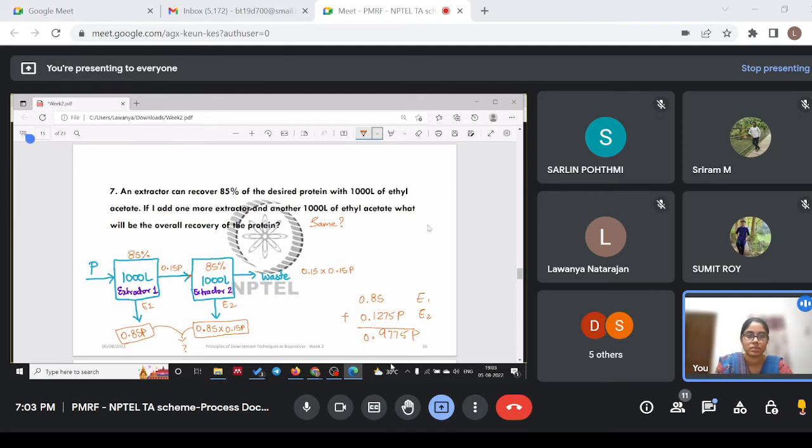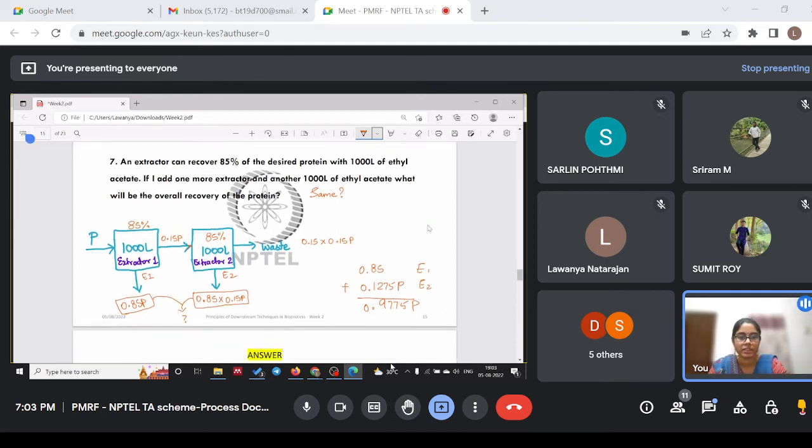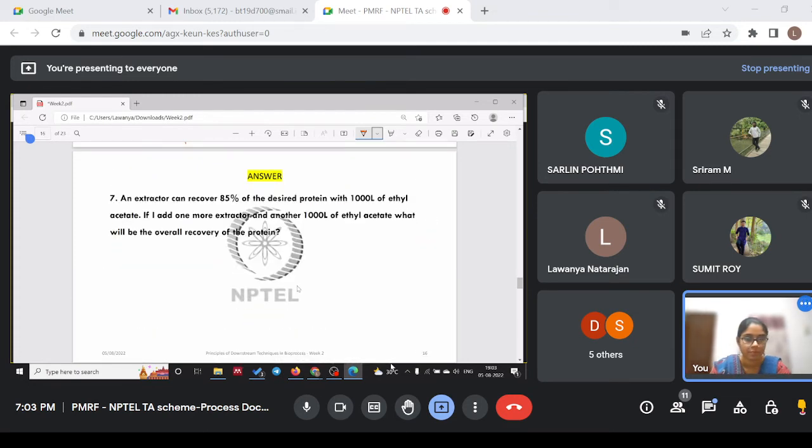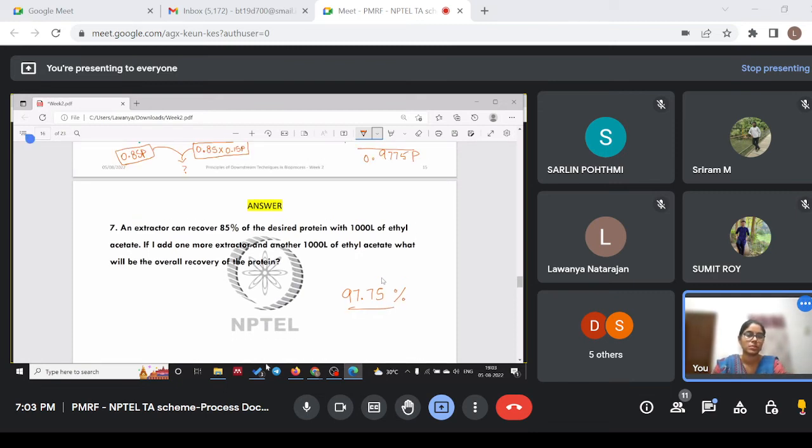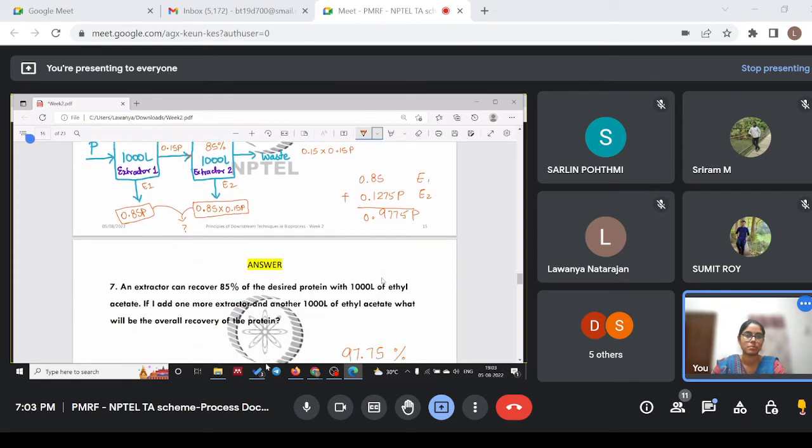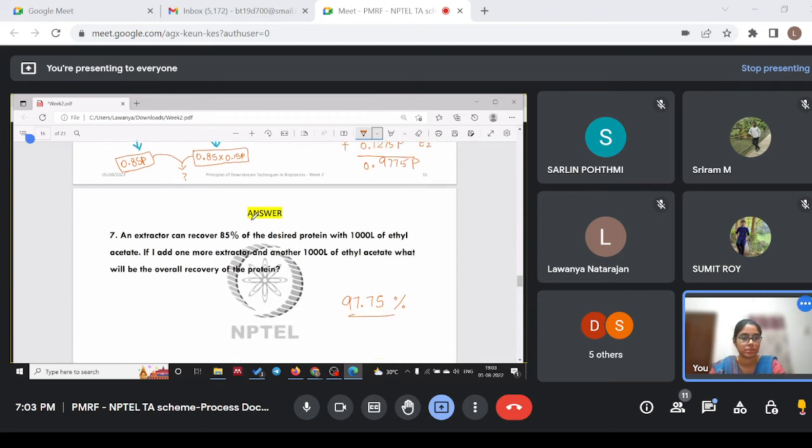So that is what the answer is. 97.75% is the recovery of the protein. Was that clear? Shall we proceed? Okay, I'll take that as a yes.